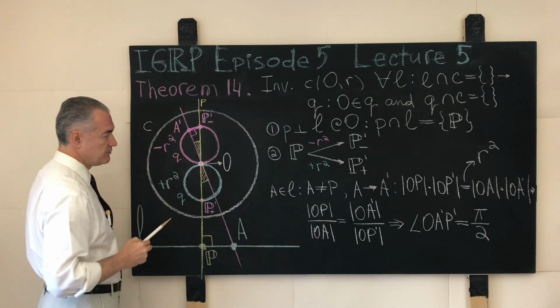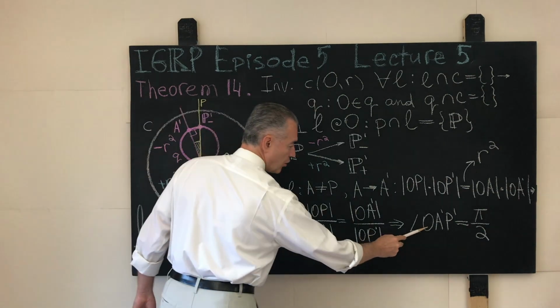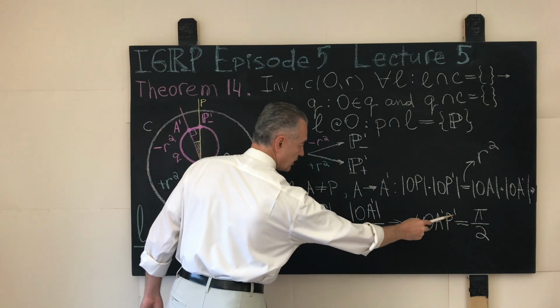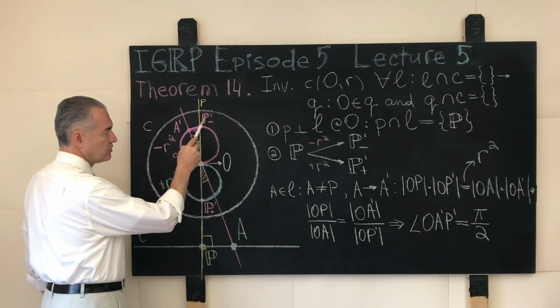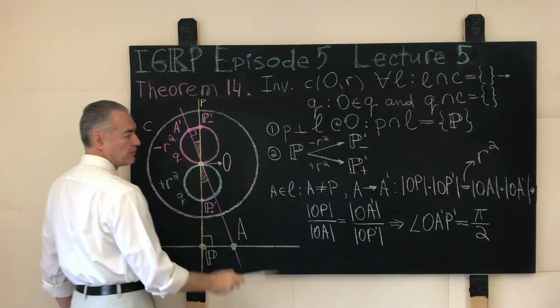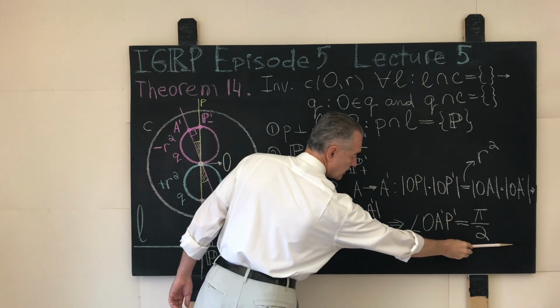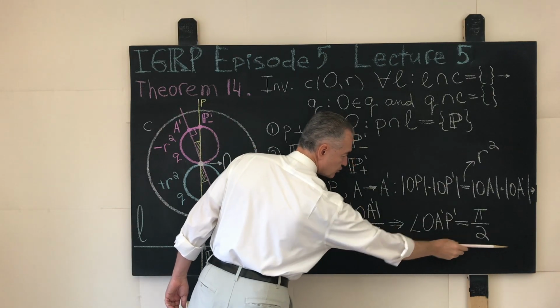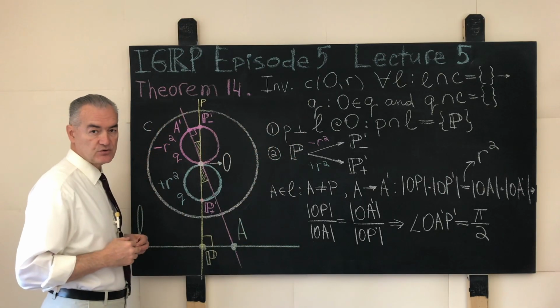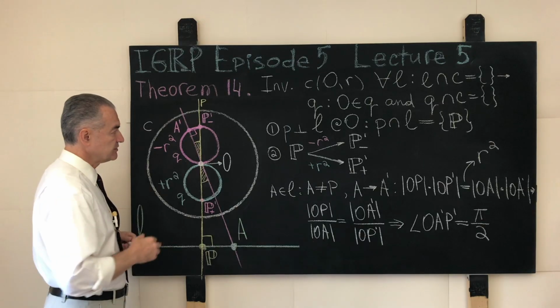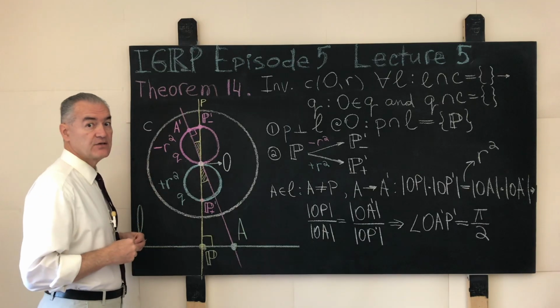And that means that the magnitude of the angle OA prime P prime minus here in this case must be what? Must be pi over 2 radians or 90 degrees, which means that this angle is right.